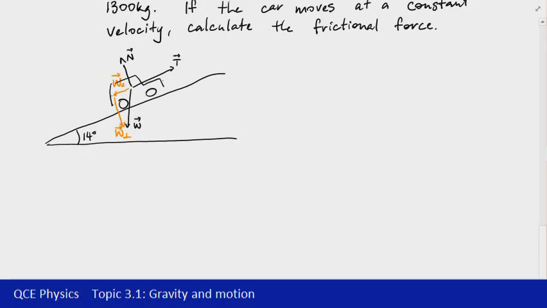We now have to consider a frictional force that's acting in this direction, and because we know that the car is moving at a constant velocity, we know that those forces up the plane and down the plane are going to be balanced. So that's where we need to start our solution here. So constant velocity indicates that all forces are balanced.